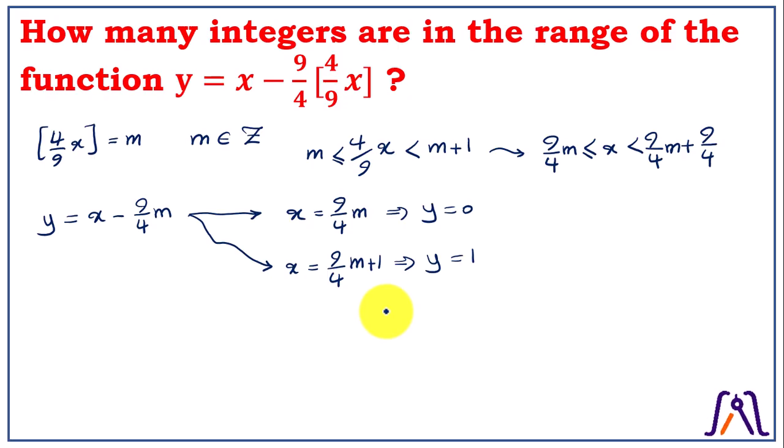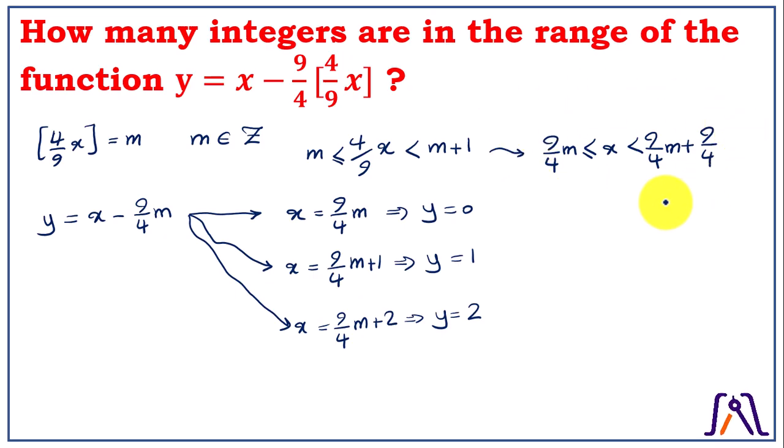Okay, if you go 1 more unit forward and set x is equal to 9/4 of m plus 2, then you can see that the result becomes 2. But from here, you can't advance by another full unit or more, because if you do, you'll go outside of our defined interval for x. This is our defined interval for x.